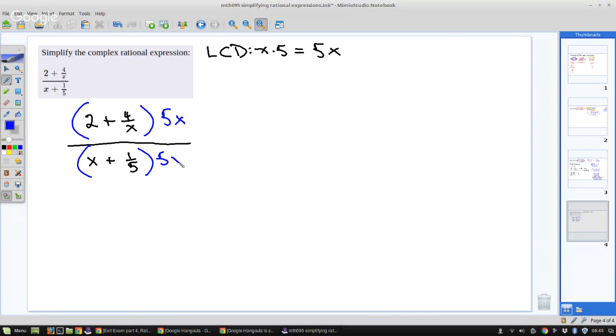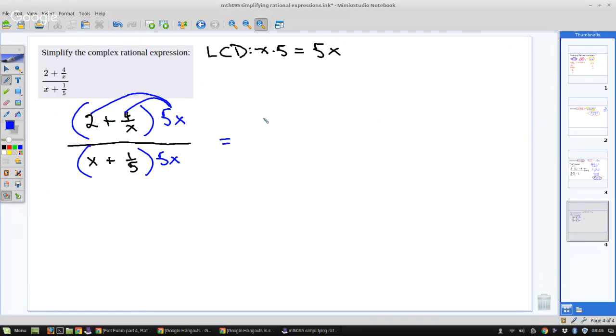And this is legal because I'm multiplying top and bottom by the same thing. And essentially that means I have a number divided by itself, right, which is a factor of 1. But we're not going to cancel that 5x over 5x. We're going to distribute it through top and bottom.